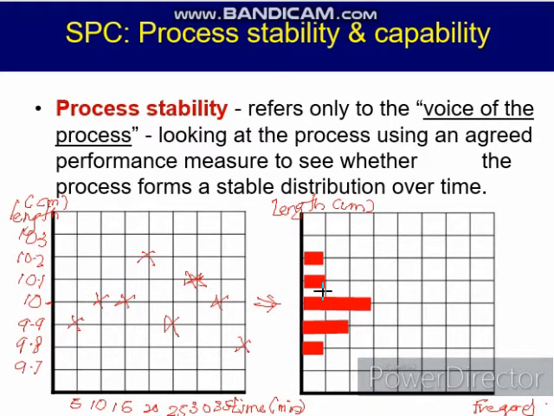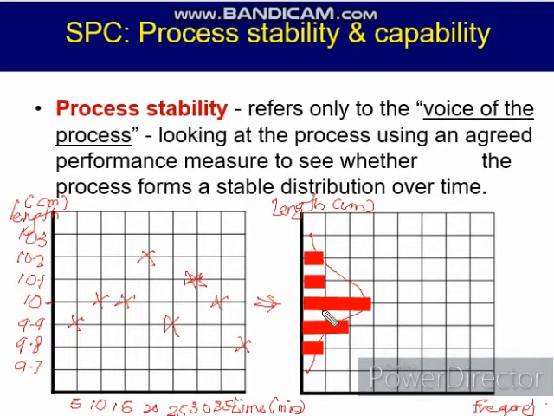What I need to do now is look at this histogram and see whether it conforms to the normal distribution curve or not, right? If it conforms to the normal distribution curve, then we are saying that the process is stable.